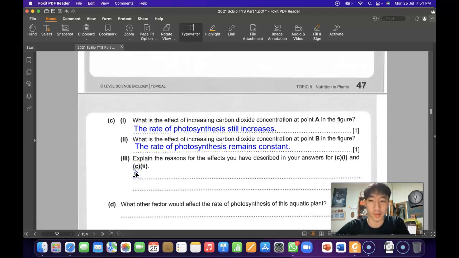Okay, let's explain why. You can make reference to this figure.